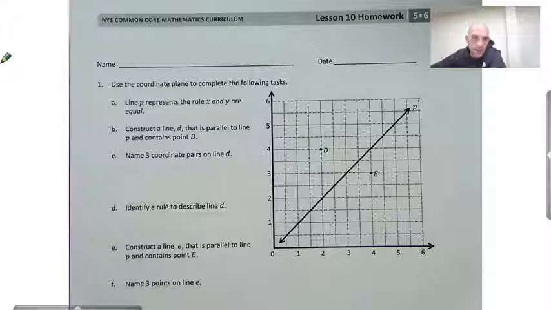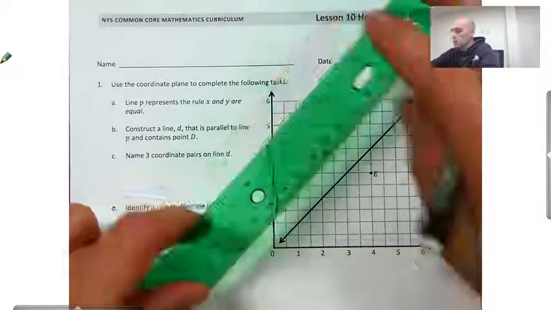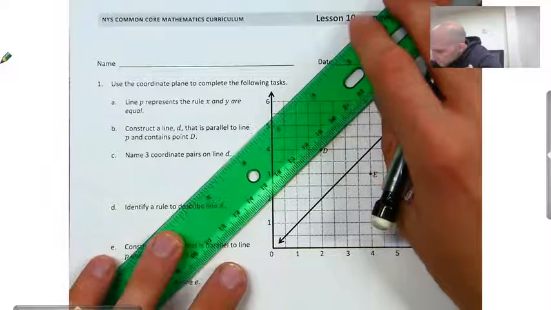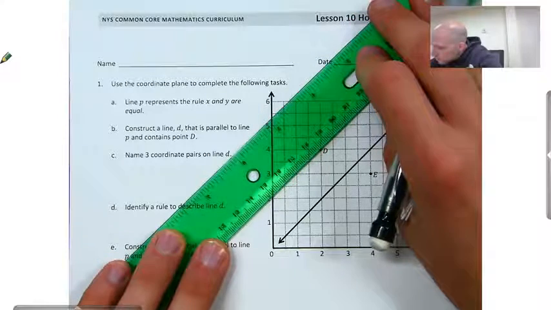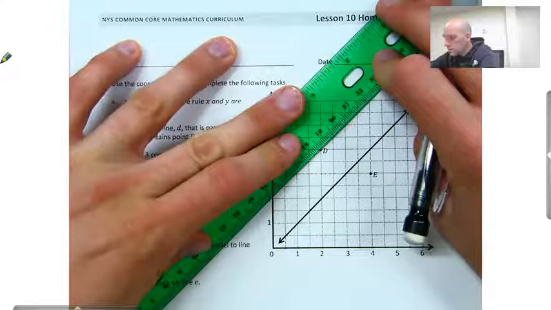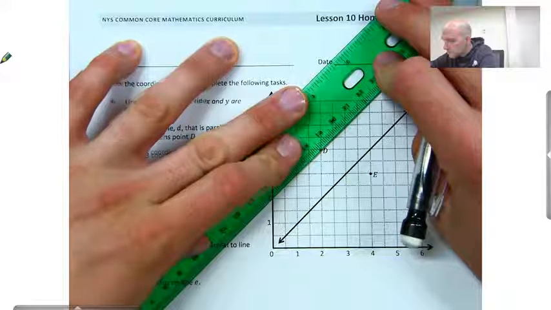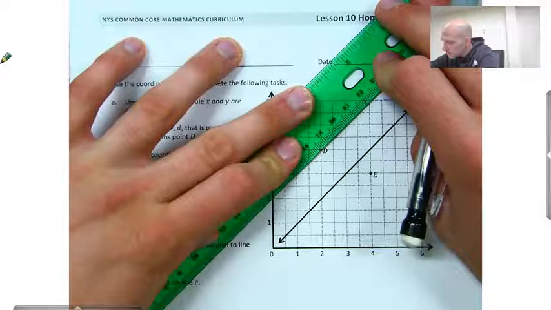Letter B says to construct a line D that is parallel to line P and contains point D. So it doesn't tell us what our rule is yet, but we know that it has to go through point D. It has to be parallel to line P. So it's going to go sort of like this.